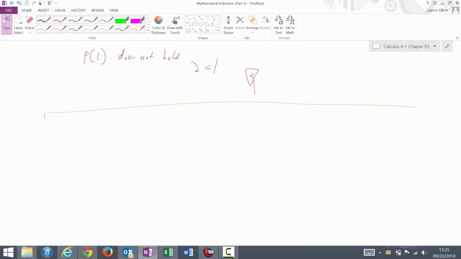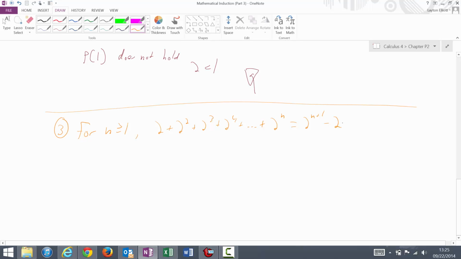Okay. Last example, just to do one more of one that does hold. For n greater than or equal to 1, we have 2 plus 2 squared plus 2 cubed plus 2 to the 4th all the way to 2 to the n, and that's equal to 2 to the n plus 1 minus 2. This is a number theory result.